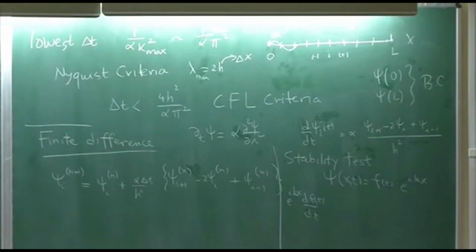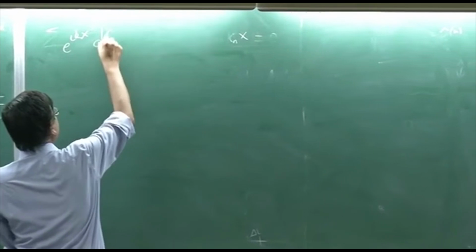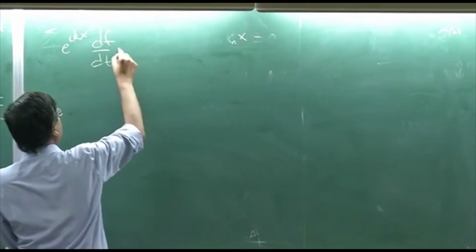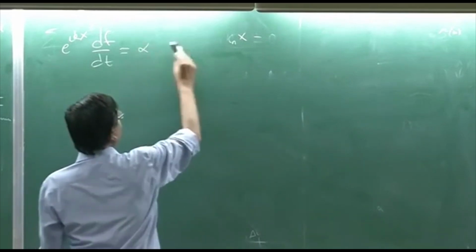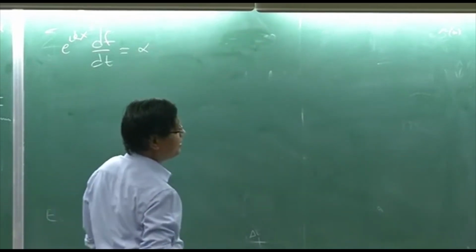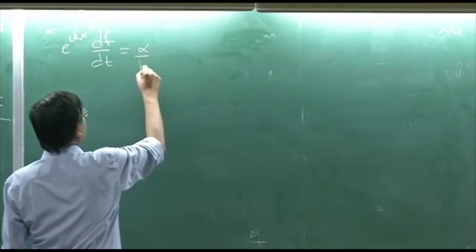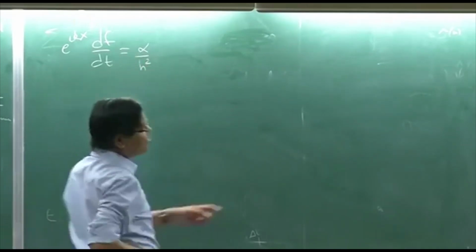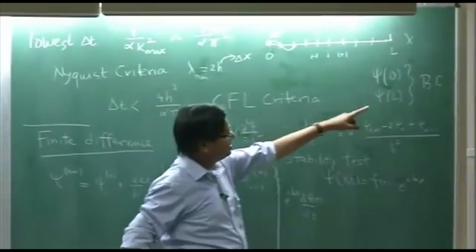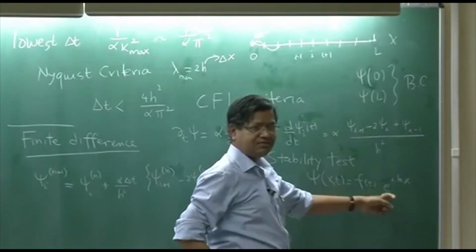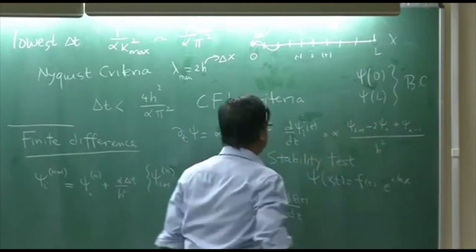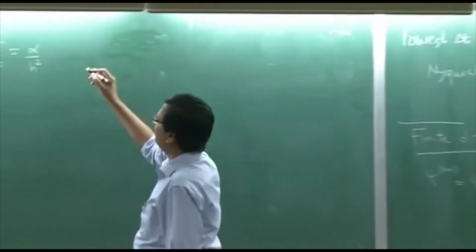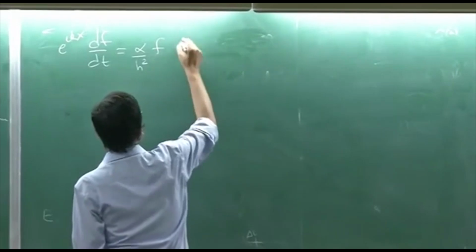So let's plug that in here. You get e to the i k x df by dt equal to the right hand side, alpha by h squared. Now f will come out from this expression. What will I get here?